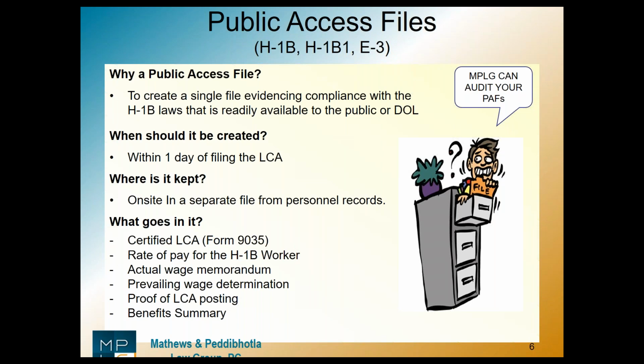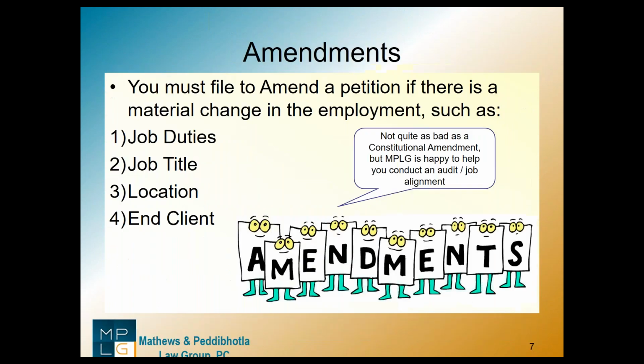Also, if someone leaves, you should be holding on to those public access files, even if the employee has left, for at least 1 year. If you have any specific questions about your public access files, how long to hold on to them, old ones, new ones, please do not hesitate to reach out to us.